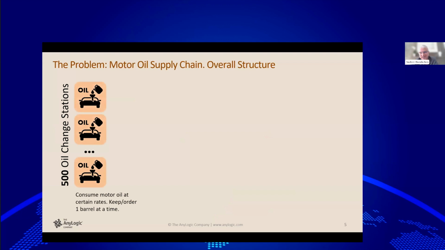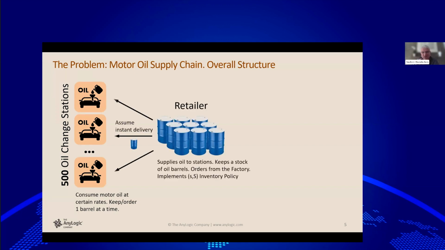So what do we have here? We have as many as 500 oil change stations. They consume motor oil at, let's assume, constant but different rates. And when oil is close to being finished, they order 1 barrel of oil at a time. I work for the retailer, and I ship barrels of oil to those oil change stations.